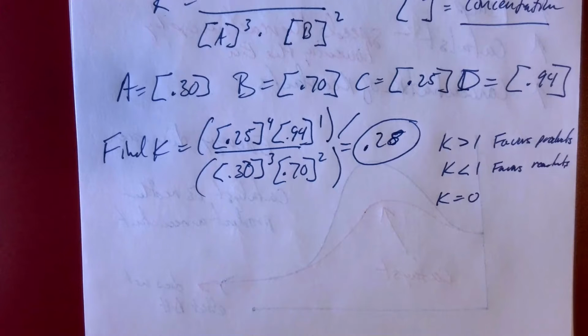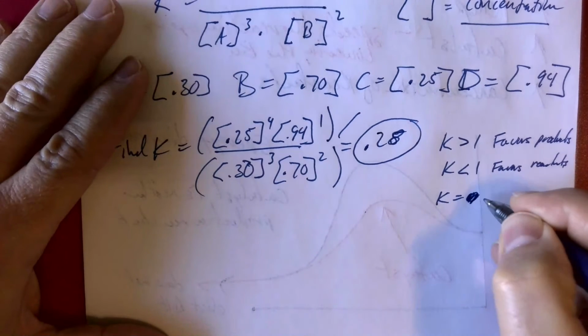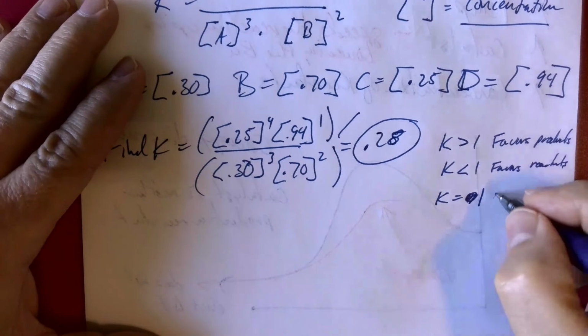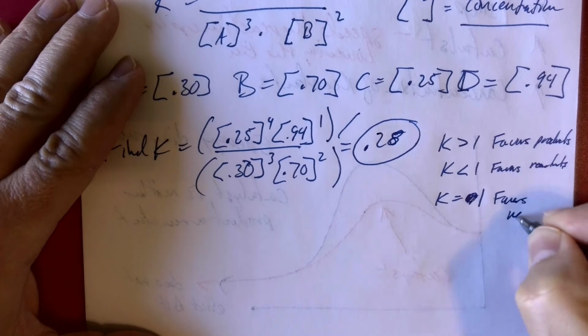Did I say K equals 0? Or did I say K equals 1? Anybody recall? I think he said K equals 1. Okay, that's what it's supposed to be. I don't know why I wrote a 0. K equals 1 is then this favors neither.